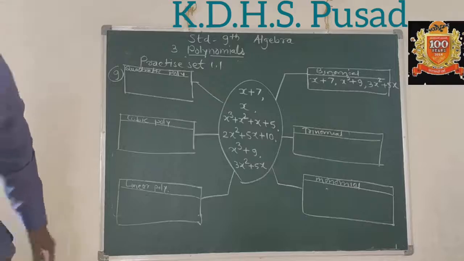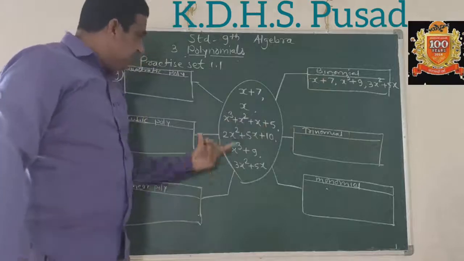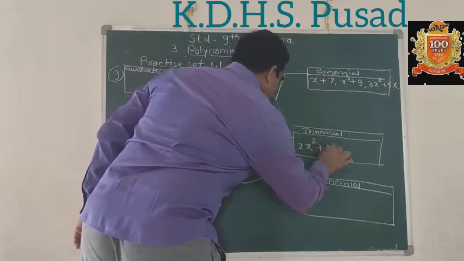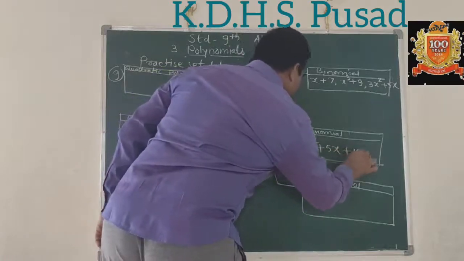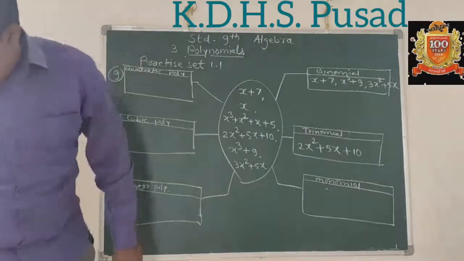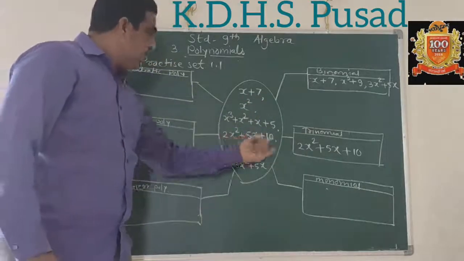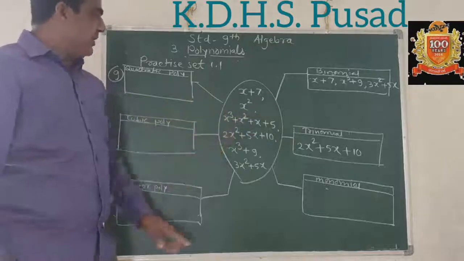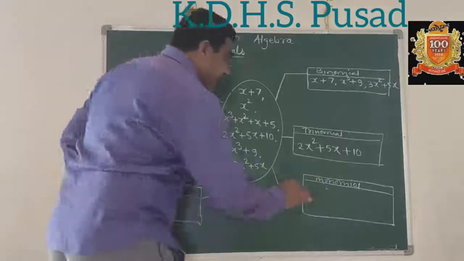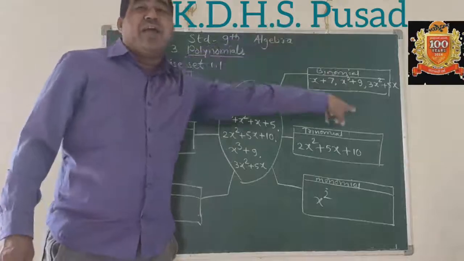Then here trinomials, which contain three terms. There is only one: 2x square plus 5x plus 10. Only three terms. 1, 2, 3. Not less, not more. That is a trinomial. Then monomial, which contains only one term. Check this. Only one term. Okay.